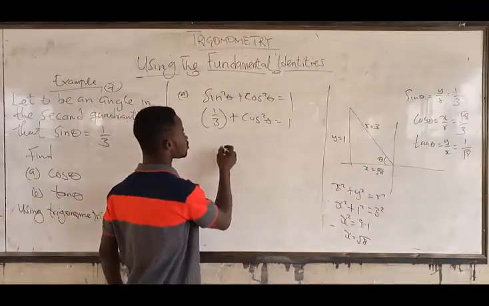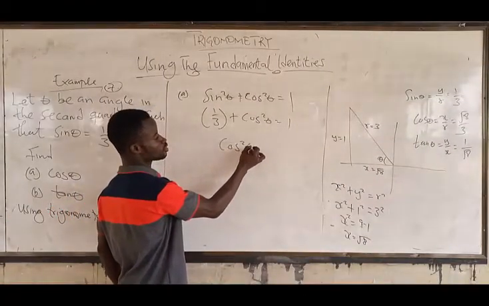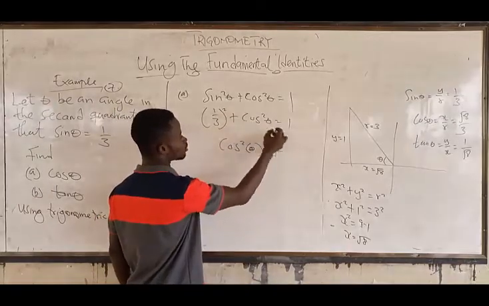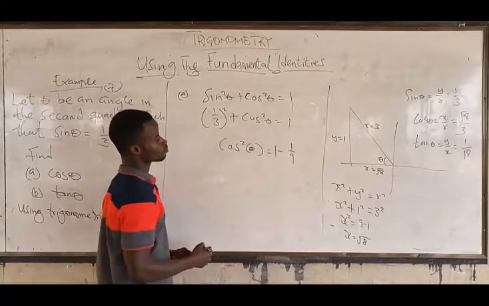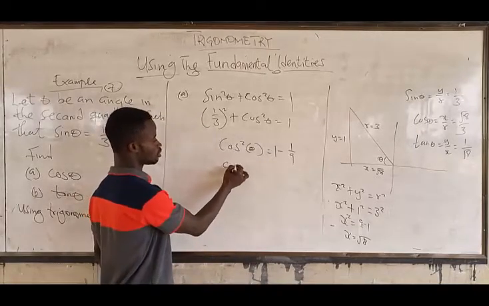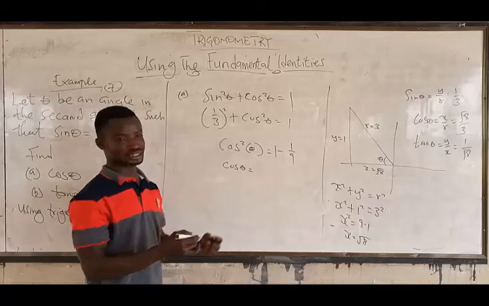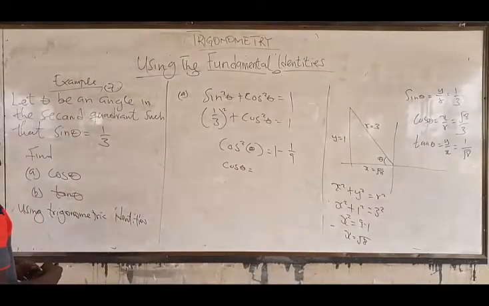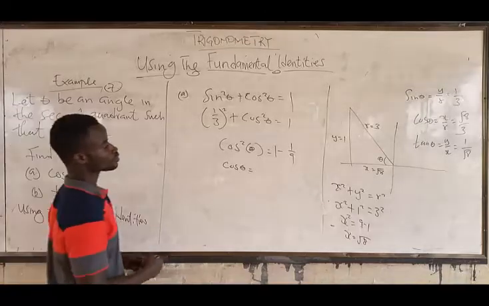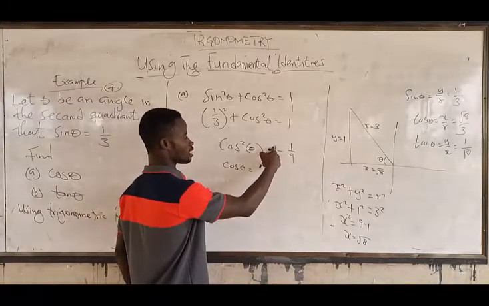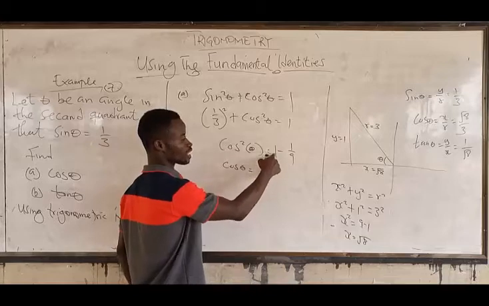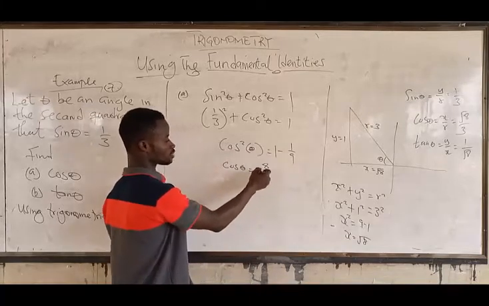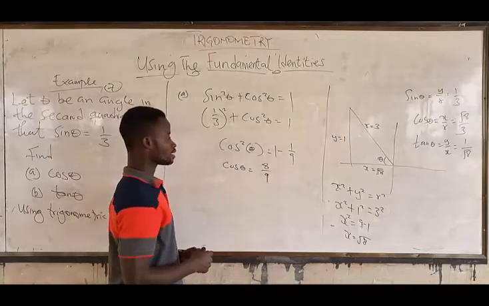So that one will be easy for me to get. Cos squared theta is 1 minus 1 over 9, and with this, you can get cos theta. This is 9 over 9 which is 1, so you get 8 over 9.